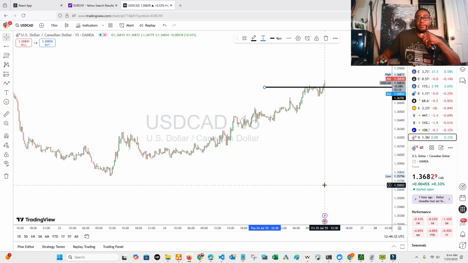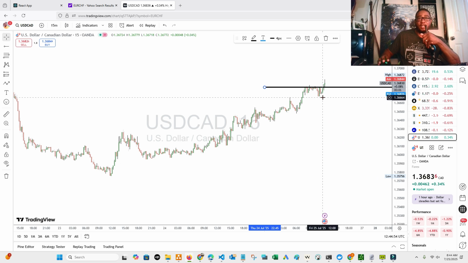So the time on TradingView isn't your time. If you're backtesting using TradingView, just match this time with this time, and you'll be able to see.